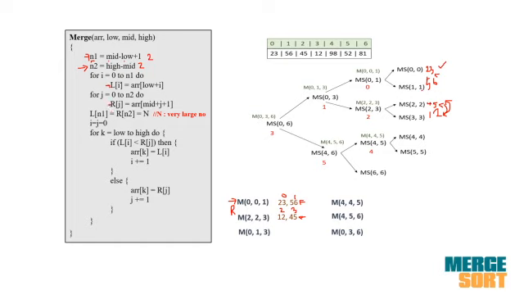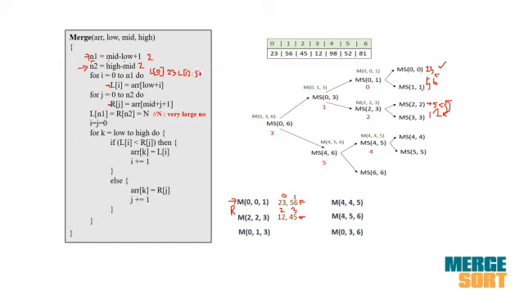L will contain all the elements in order that are returned by M001. So L0 will contain the value 23 and L1 is going to contain the value 56.